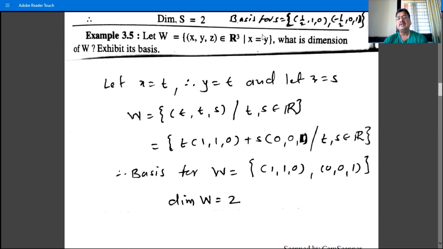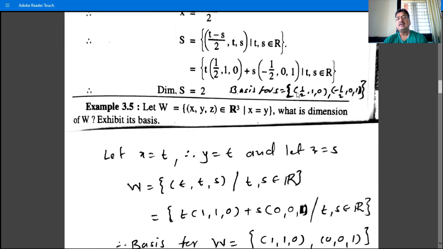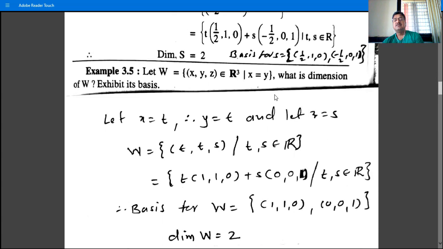Again we are given a single equation, x minus y is equal to 0, and there are three unknowns, x, y, and z. So assign two unknowns. The relation between x and y is given, which means z is the free variable.